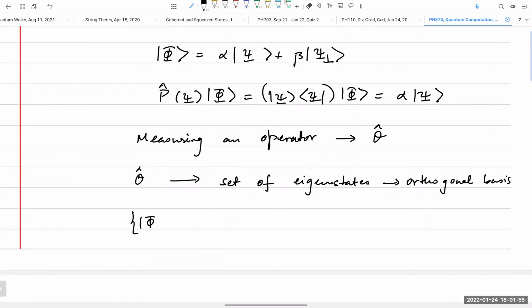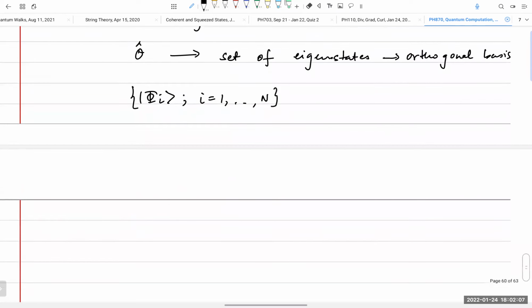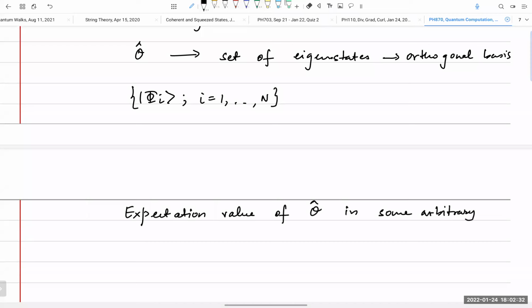Now, what does it mean when I want to measure the expectation value of the operator O in some arbitrary state psi?